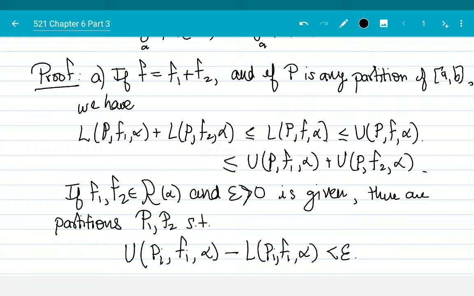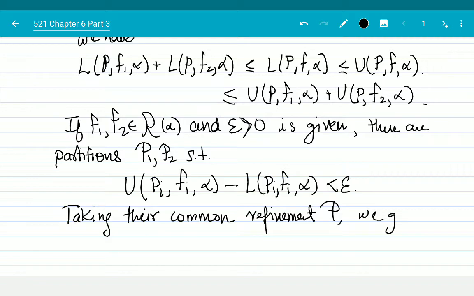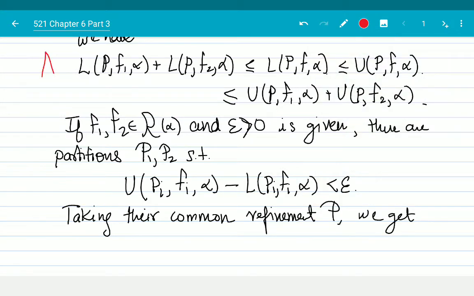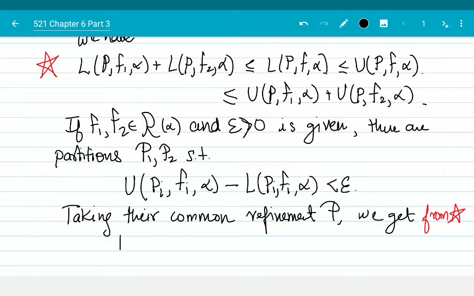What do you do then? Take their common refinement P. From the star, we get that U(P, f, alpha) minus L(P, f, alpha) is strictly smaller than 2 epsilon.